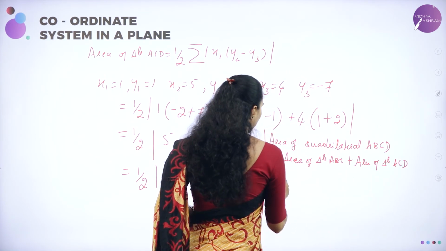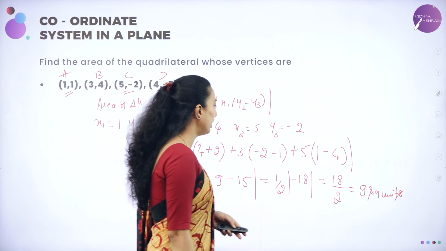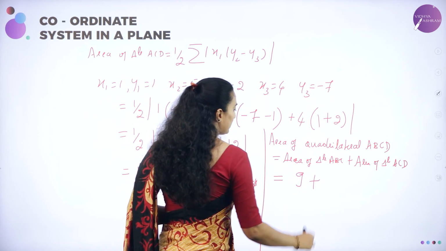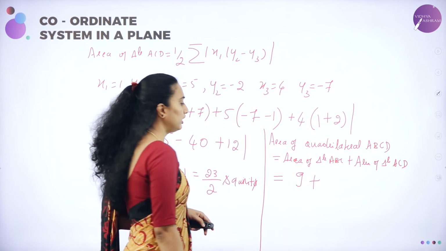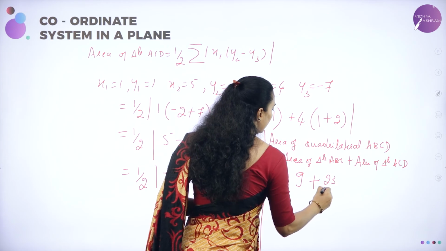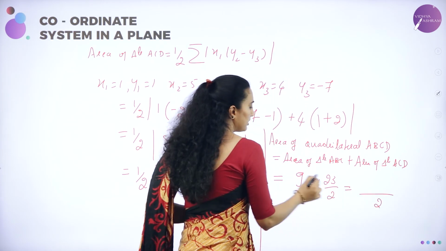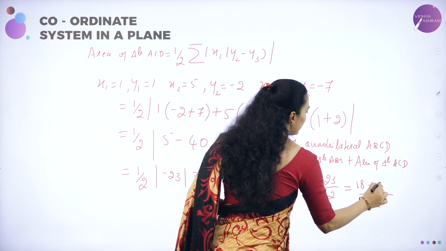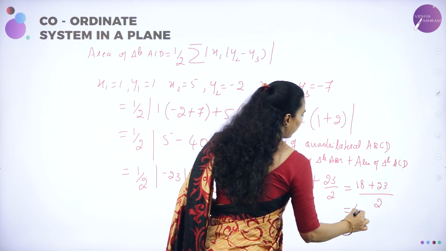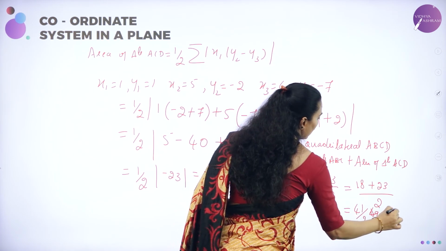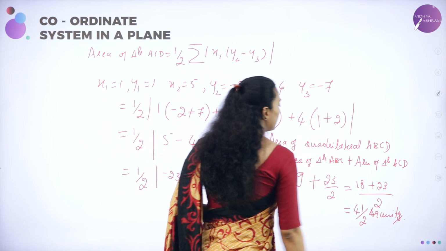So therefore, it will be equal to, what is the area of triangle ABC? 9 square units, 9 plus area of triangle ACD, 23 by 2. Take LCM as 2. 2 nines are 18. 18 plus 23 is nothing but 41 by 2 square units. Correct? That is your answer.